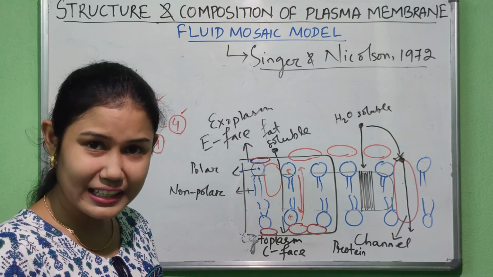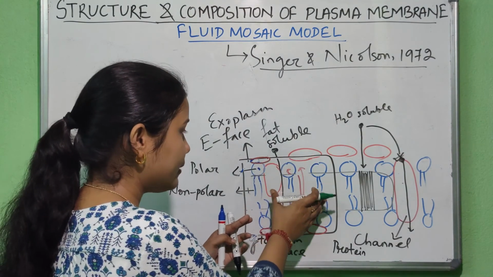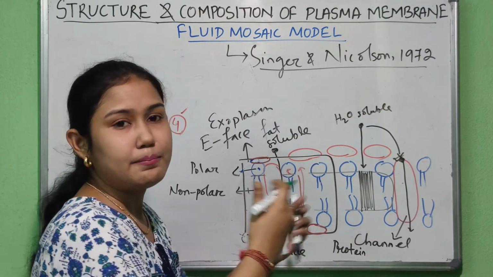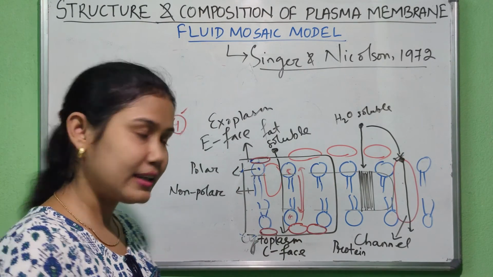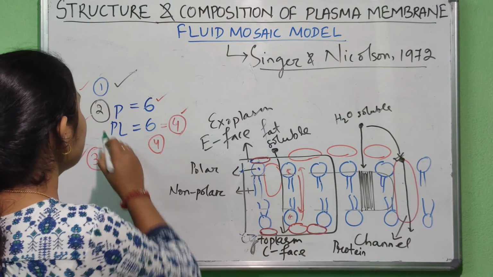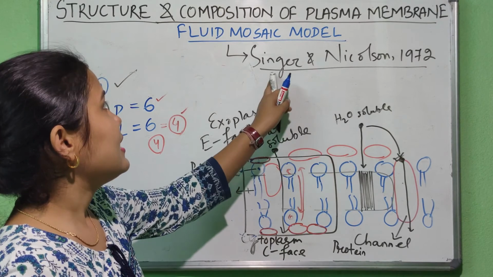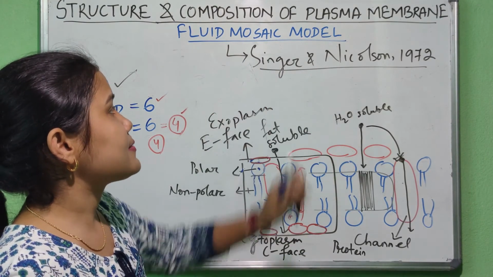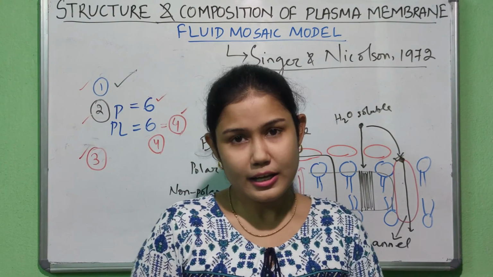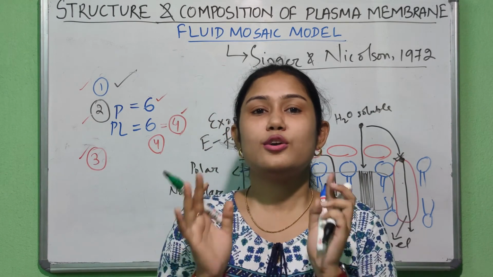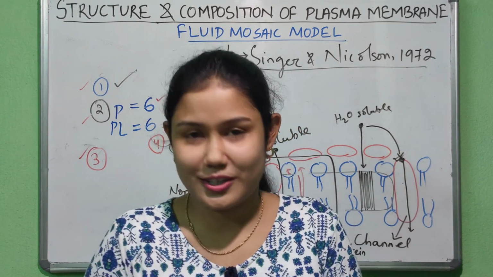Okay, clear? And within the lipid bilayer, the protein keep floating. Clear? So, this is all about the 3 points and the fluid mosaic model that was proposed by Singer and Nicolson. I hope you all understand what I have taught, right?